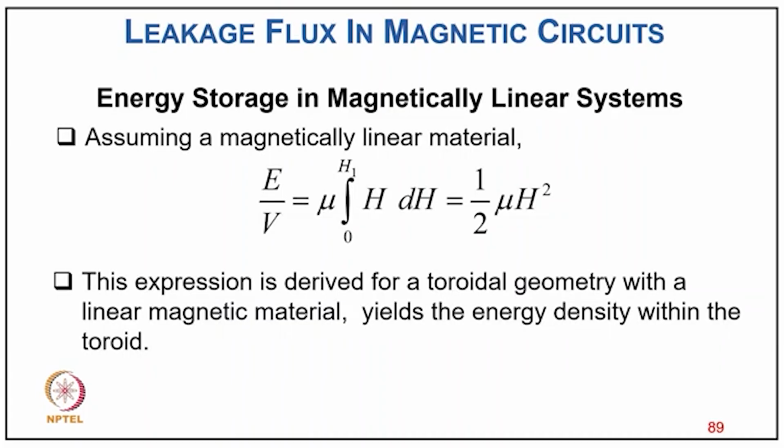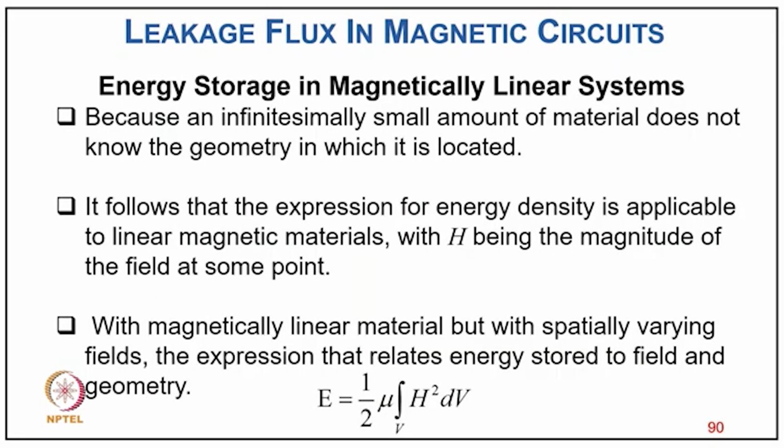This is a quite famous expression that we really use to find energy density, even utilized for the purpose of designing machines. So this expression derived for a toroidal geometry with a linear magnetic circuit yields the energy density within the toroid. Typically, an infinitesimally small amount of material does not know the geometry in which it is located, so the expression for energy density is applicable to linear magnetic material, with H being the magnitude of the field at some point.